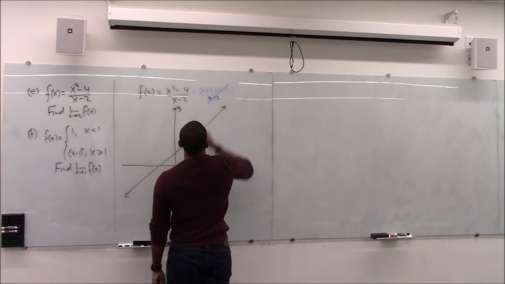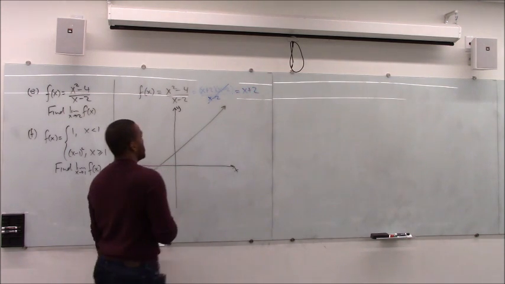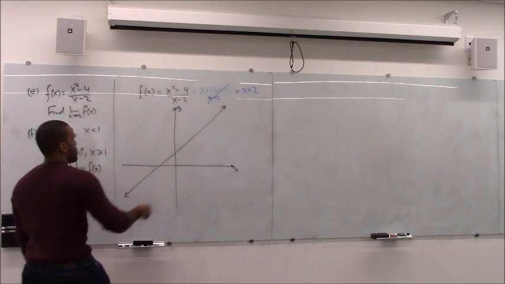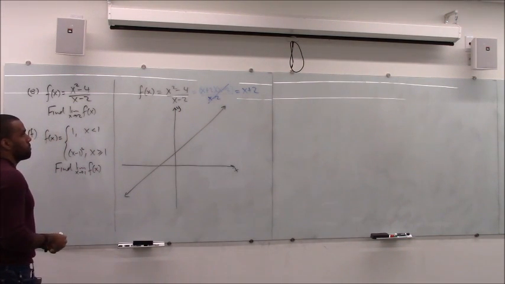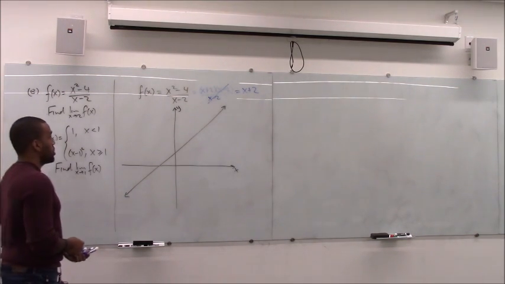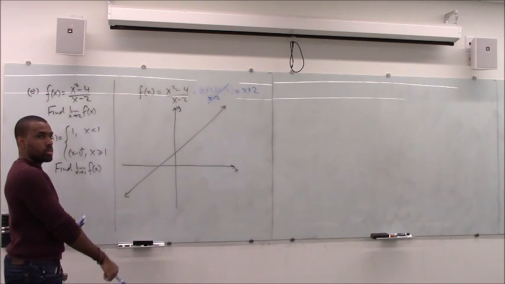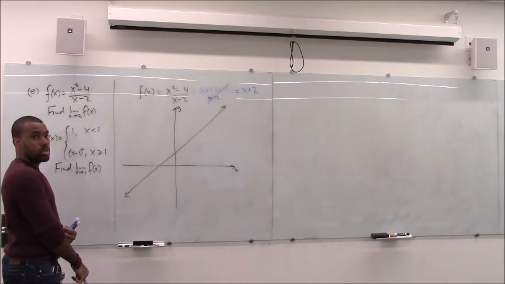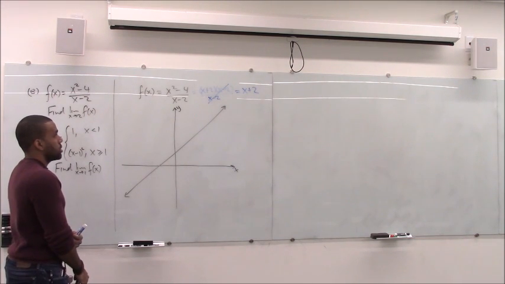Then you cancel. That cancels, so this behaves like x plus 2. So is that exactly x plus 2? There's no difference between x plus 2 and this guy? Can you do everything with this guy that you can do with x plus 2? What's the issue? Yeah? The denominator can't be equal to 0, so you can't have x equal to positive 2.